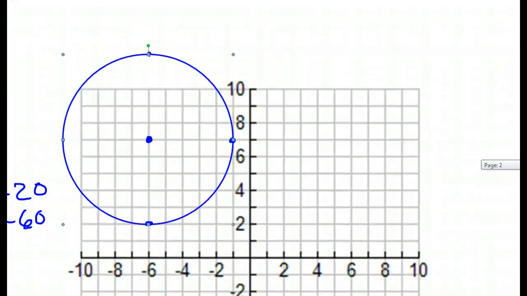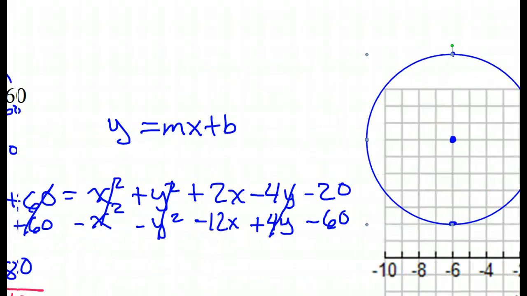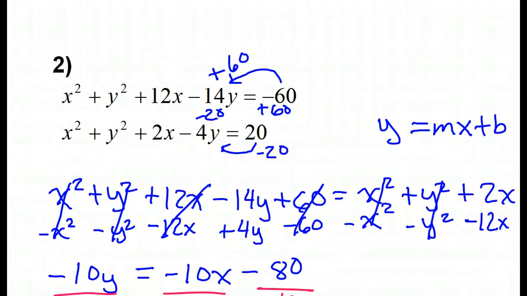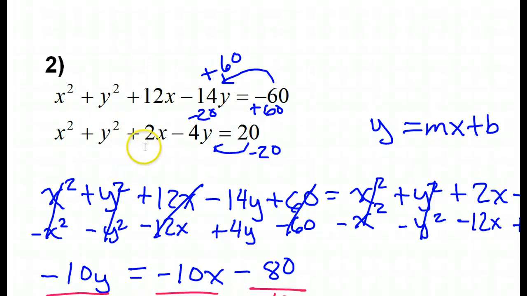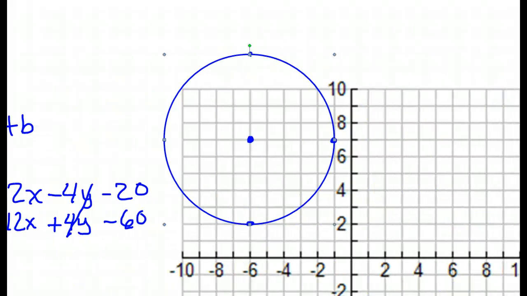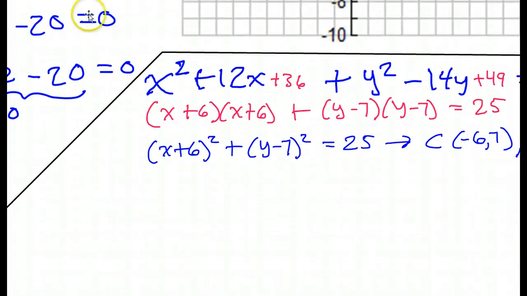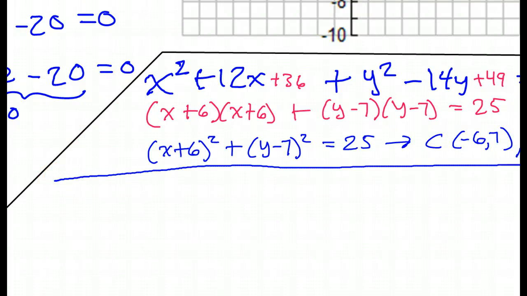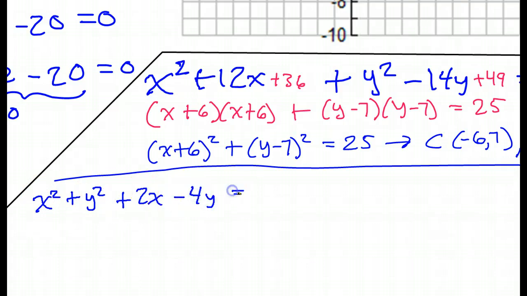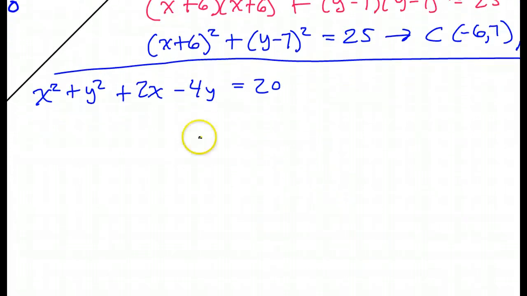We need to do the same thing with the second equation so we can see what the solutions are graphically. So let's see, the second equation, plus 2x minus 4y. Okay, so we need to get the x's together.